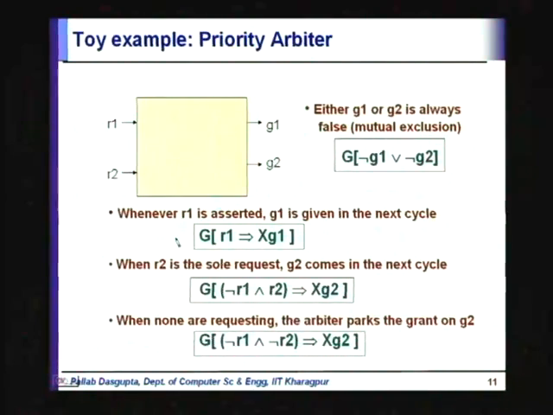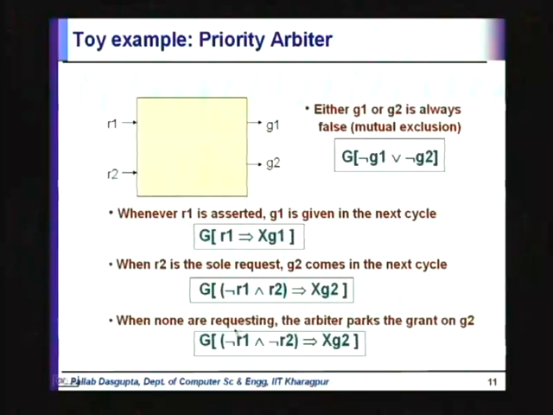So, which has the higher priority? R1 has a higher priority. So, whenever R1 is high, it must get the grant in the next cycle. When R2 is high, it will get the grant in the next cycle, provided that R1 has not also requested. And when none of the devices are requesting, then the arbiter will park the grant on G2.